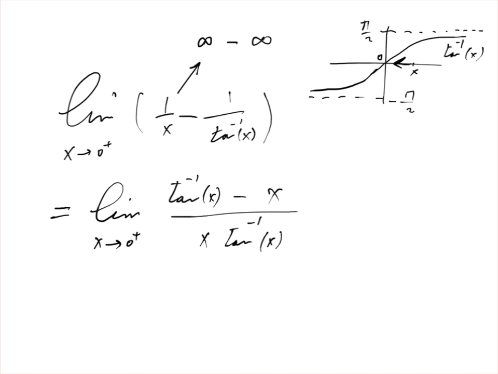Now we try: what's the limit of the numerator as x tends to 0? That is inverse tangent of 0, which is 0, minus 0, so that's 0. Denominator: x tends to 0, times arctangent of 0 is 0.